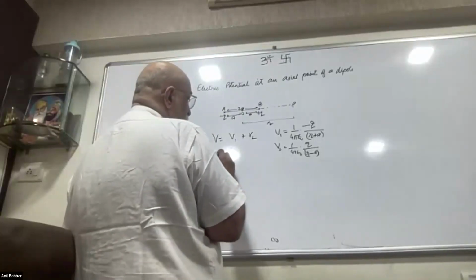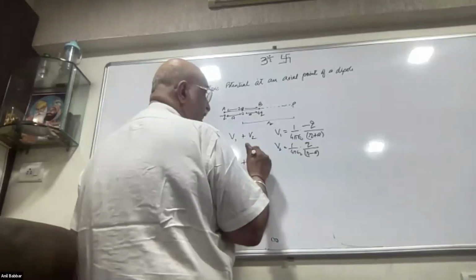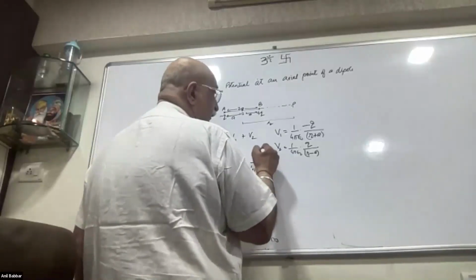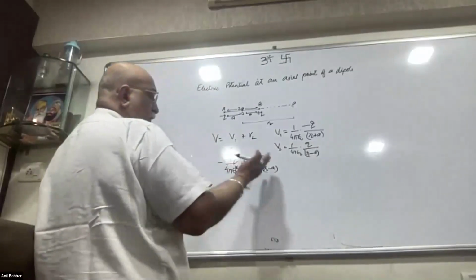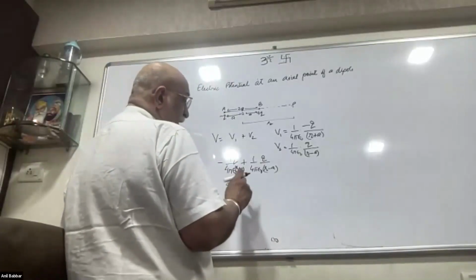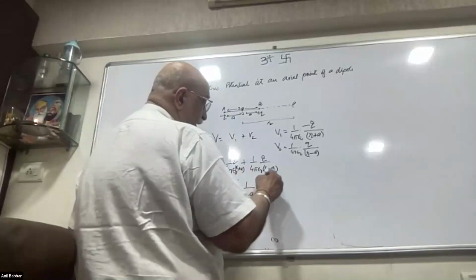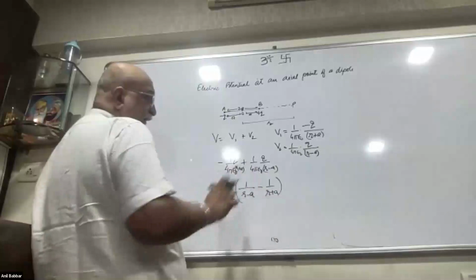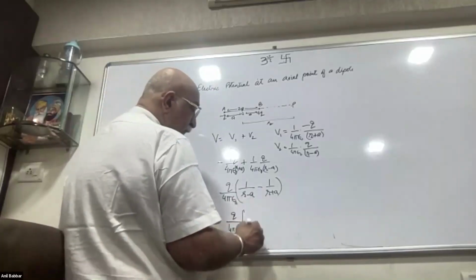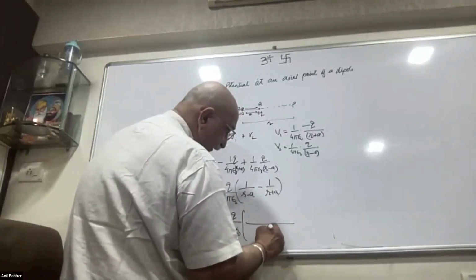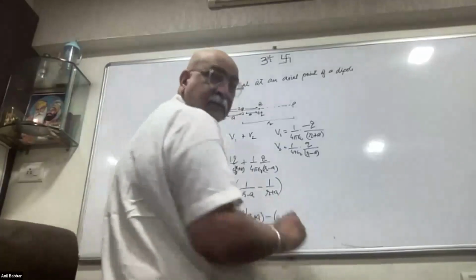So minus 1 by 4 pi epsilon naught Q upon R plus A plus 1 by 4 pi epsilon naught Q upon R minus A. Now, if I take Q and 1 by 4 pi epsilon naught common, we are left with 1 upon R minus A minus 1 upon R plus A. Now solving it algebraically, we have Q by 4 pi epsilon naught, taking LCM, this will give me R square minus A square. So this is R plus A minus R minus A.